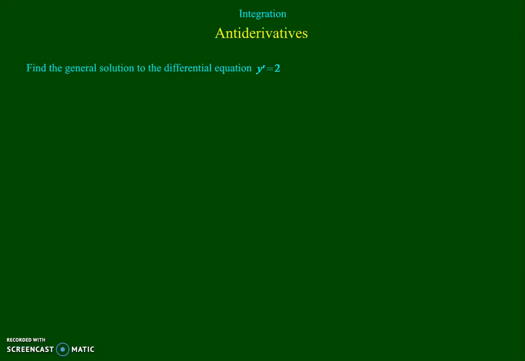This is part 2 of the series Integration, and we're going to start out with solving a basic differential equation using the rules that we've just uncovered in our last part. So we're given this differential equation, y prime equals 2.